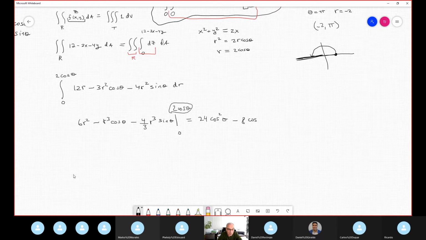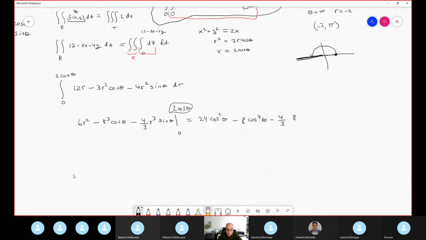How many cosines do we have? We have cosine theta cubed, and multiplied by another extra cosine is cosine to the fourth power theta. Minus 4/3, I copy that, but 2 cubed is 8.